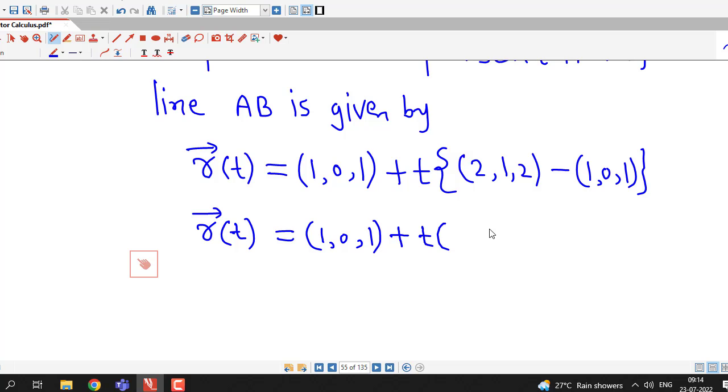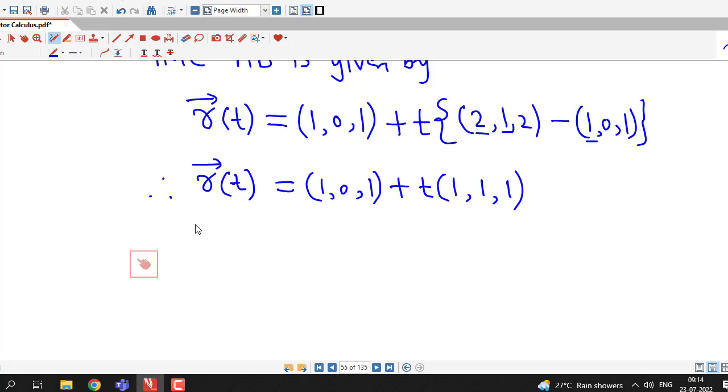So we now take the difference of these two, x component minus x component: 2 minus 1 is 1, 1 minus 0 is 1, and 2 minus 1 is also 1. If we further simplify this, we have r bar t equal to (1 plus t, 0 plus t into 1, that is t, and again 1 plus t).